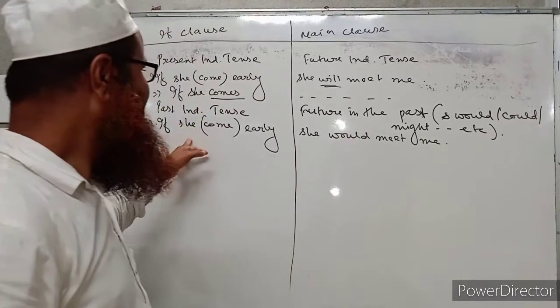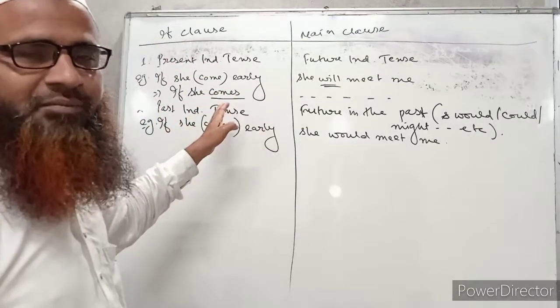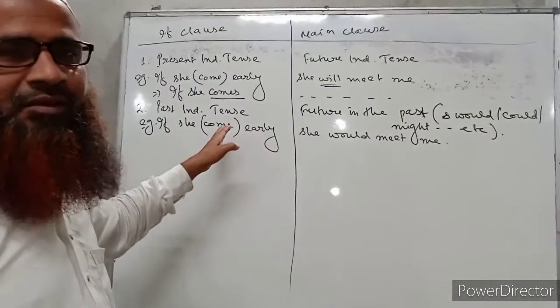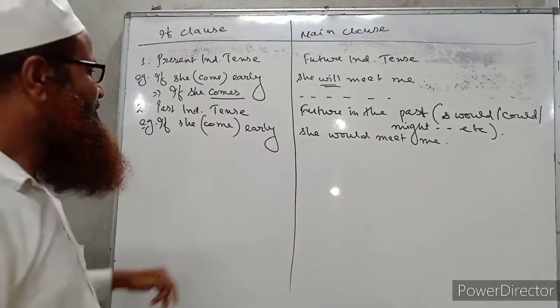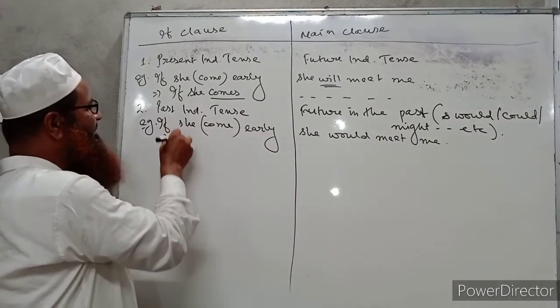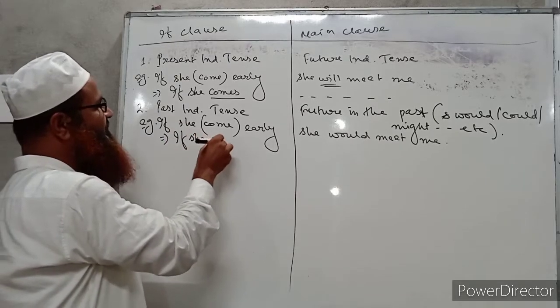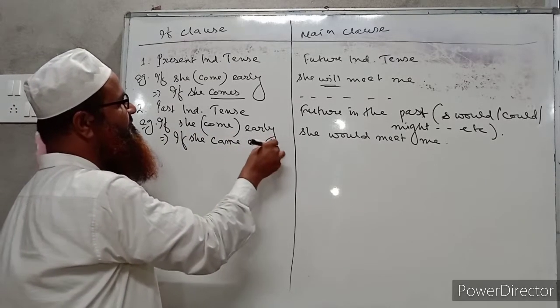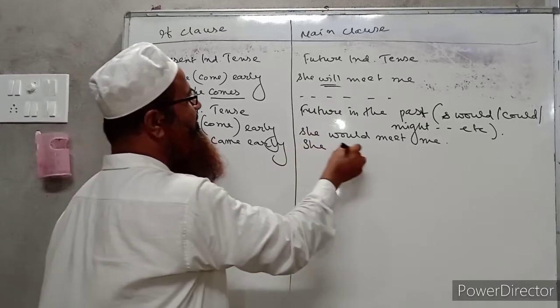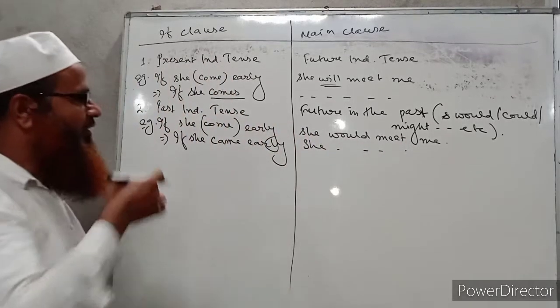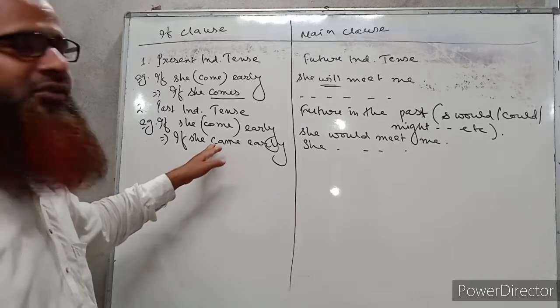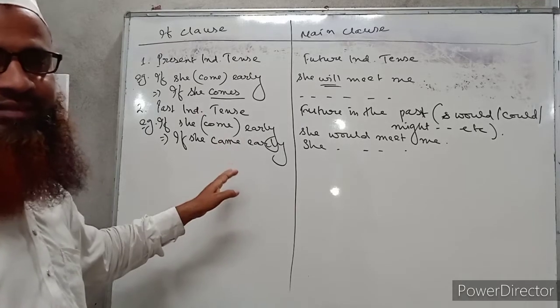So this part, the conditional part, must be in past tense. Okay, so it would be if she came early. If she came early, she would meet me. Okay, I hope you have already understood what I am discussing.